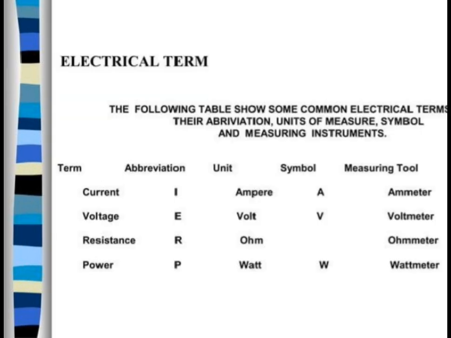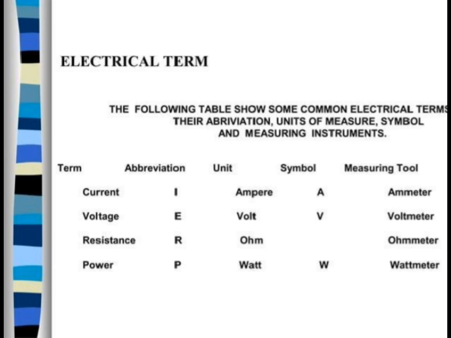Now, let's proceed to the electrical terms. The following table shows some common electrical terms, their abbreviation, units of measure, symbol, and measuring instrument. Current: abbreviation I, unit ampere, symbol A, measuring tool ammeter.